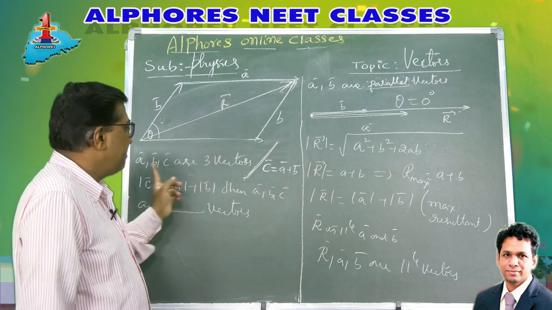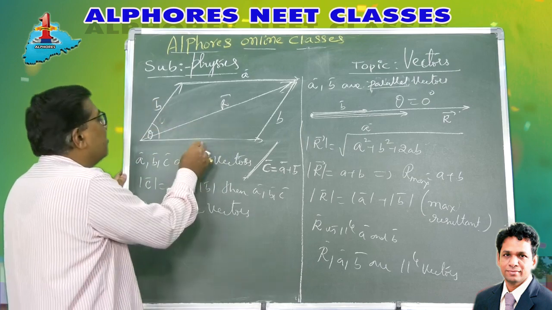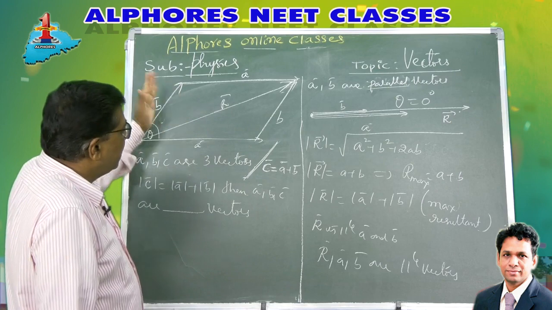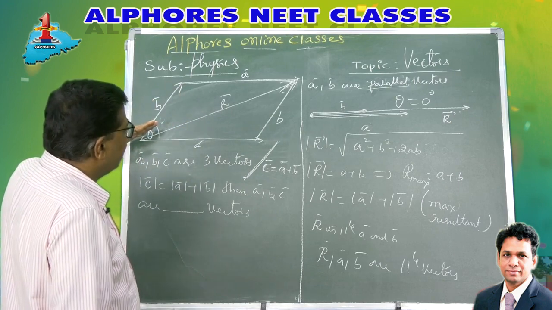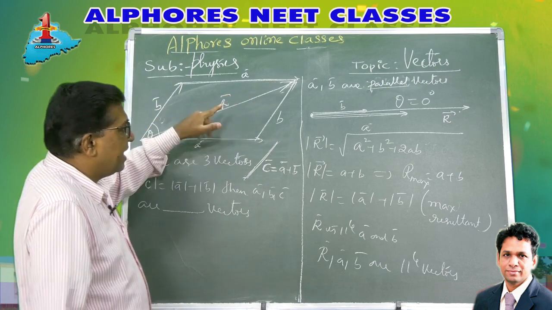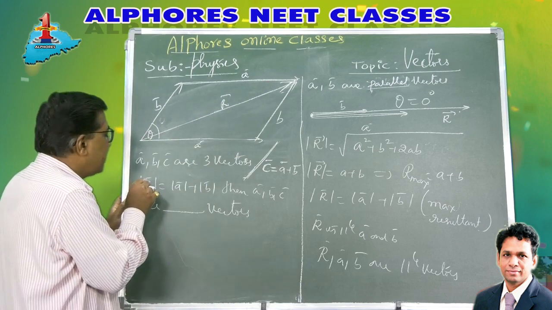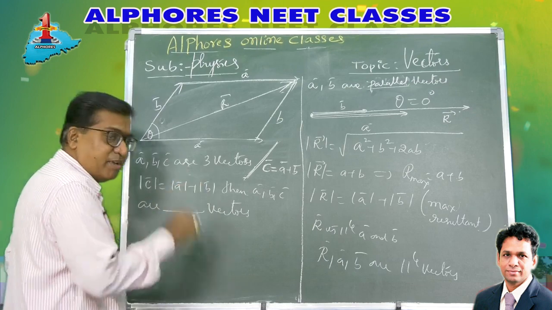In the sense, if A and B are two adjacent sides of a parallelogram, then C is the diagonal. This is C. Then C represents the diagonal, the resultant R. And he has given that the mod of the resultant is mod A plus mod B. Now look at this.